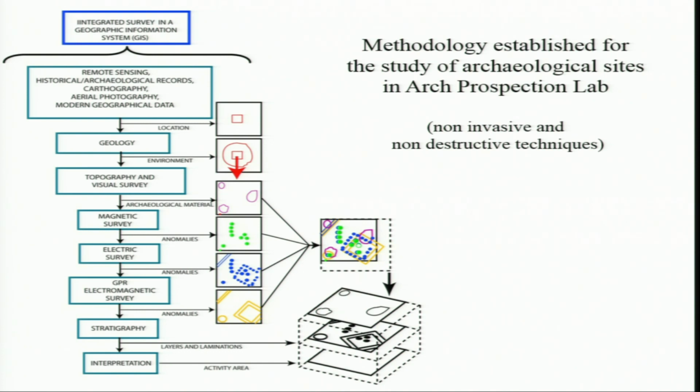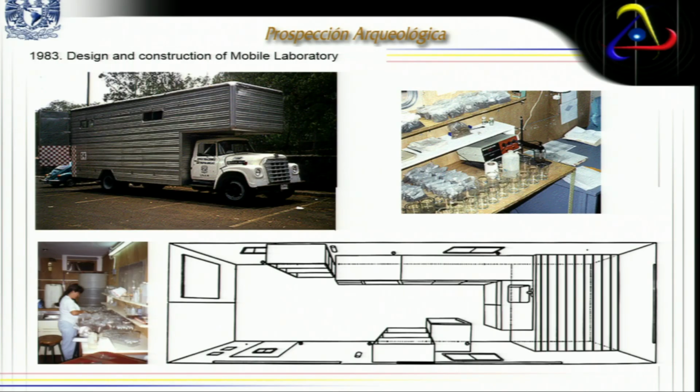And finally, once we have an additional idea of the depth, of the dimension, of the characteristics of the buried structures, we have the chance to know a little bit about the stratigraphy, the layers, and to take samples to get some chemical information in addition to the previous one. And finally, we get an interpretation. This is the general idea of our work in the archaeological sites.